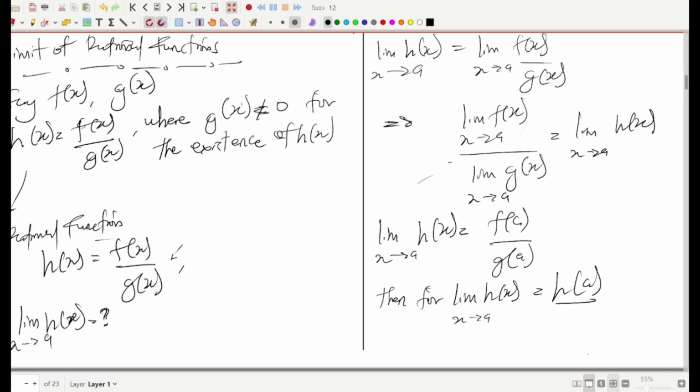So the limit of h of x as x approaches a will be f of a divided by g of a. And since x is a, the limit of h of x as x approaches a is the same as h of a. I believe this is quite self-explanatory.